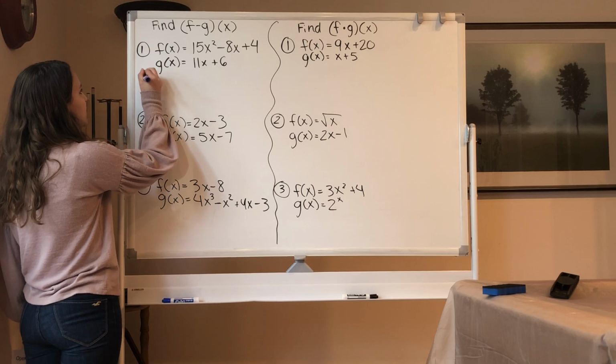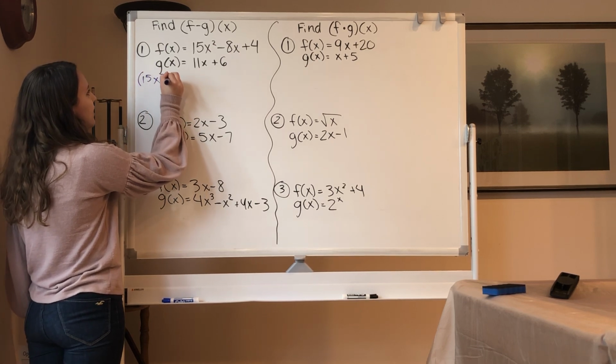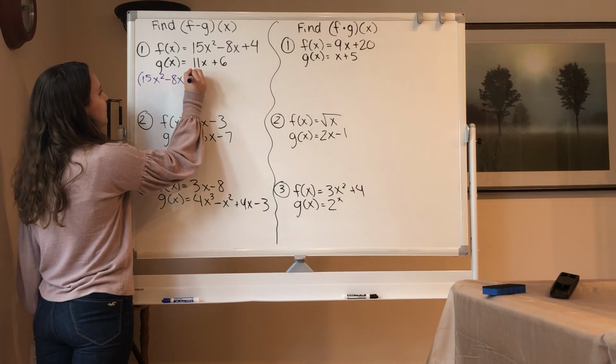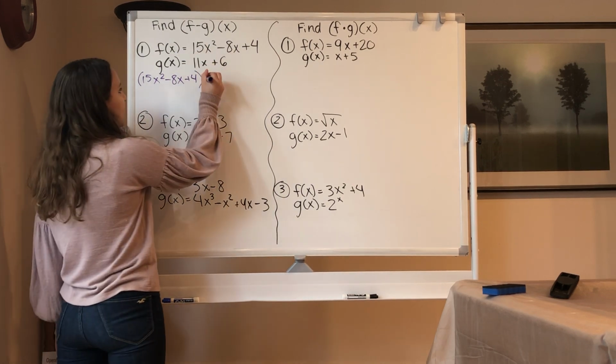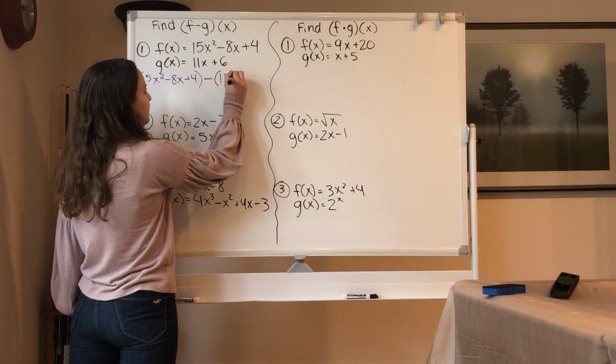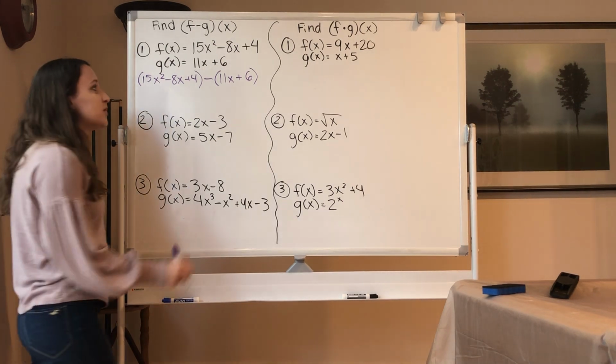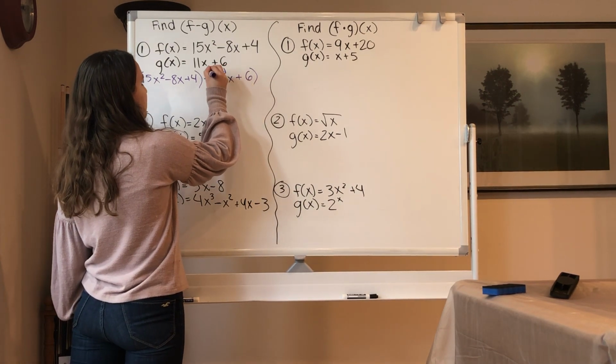So what we're going to do is put both things in parentheses: 15x squared minus 8x plus 4, we're subtracting, so minus 11x plus 6. I want you to make sure you're putting it in parentheses because remember this minus is going to distribute.